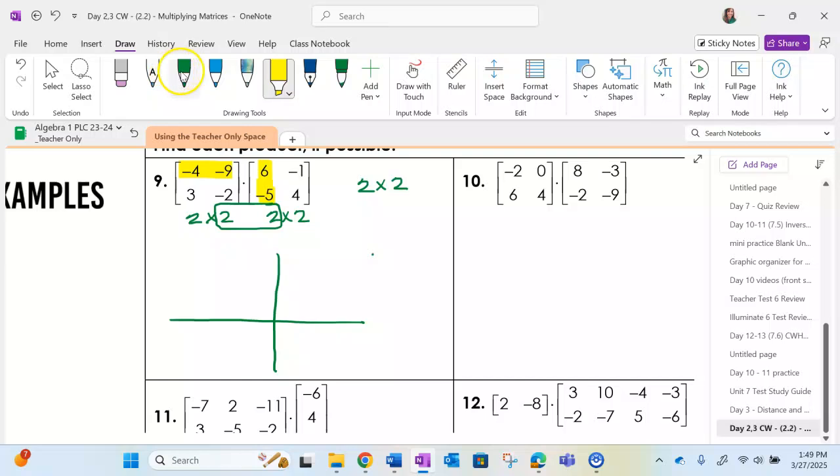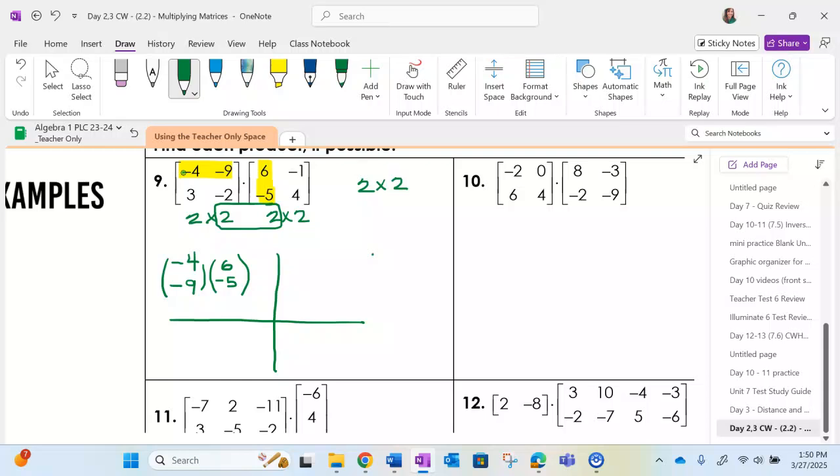So I'm going to write them here. Row 1, and we'll put them on top of each other, -4 and -9. Then next to it, I'm going to put column 1, which is 6, -5. Now, why did I choose these two? Because in this 2 by 2 that I'm making, this first box is row 1, column 1.